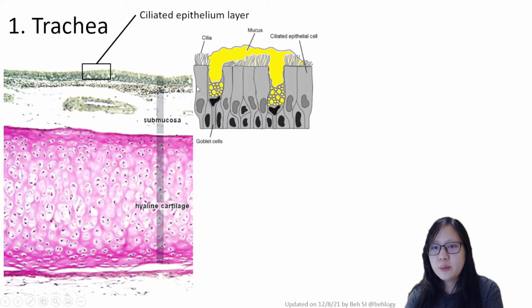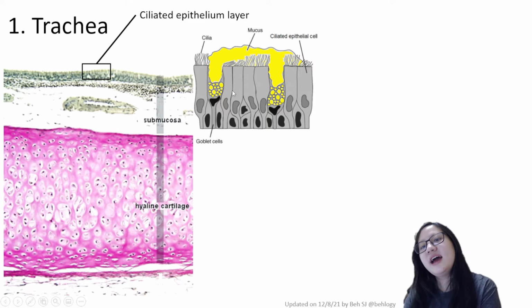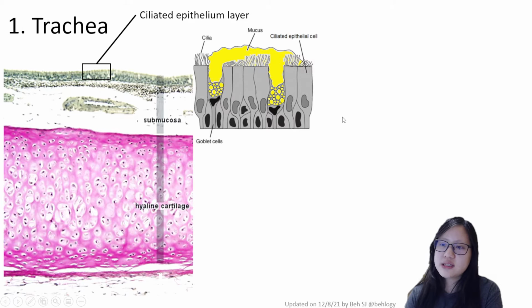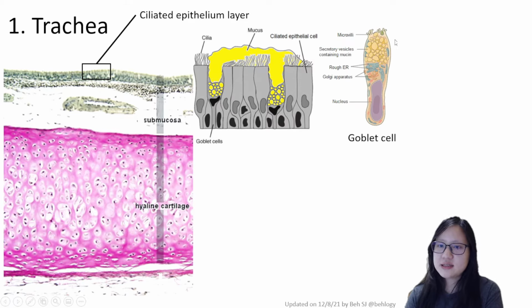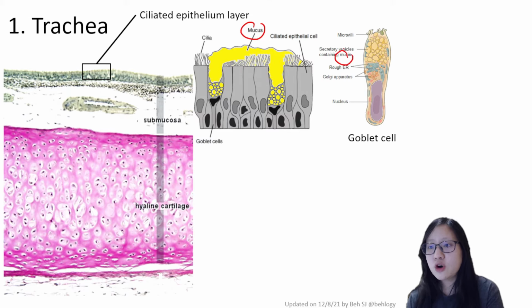It does look like a goblet, right? Like a cup, a wine glass maybe. And if you would draw a goblet cell, it would look something like this. What features it has is a lot of Golgi and ER, because goblet cells' main function is to produce mucus, and mucus is made up of a glycoprotein called mucin.